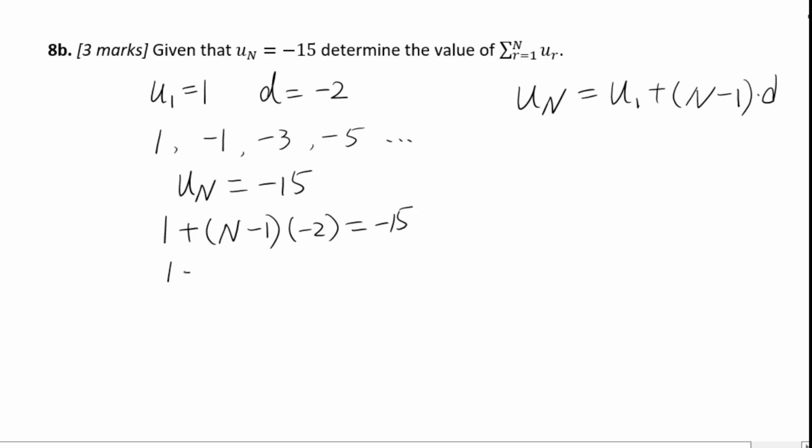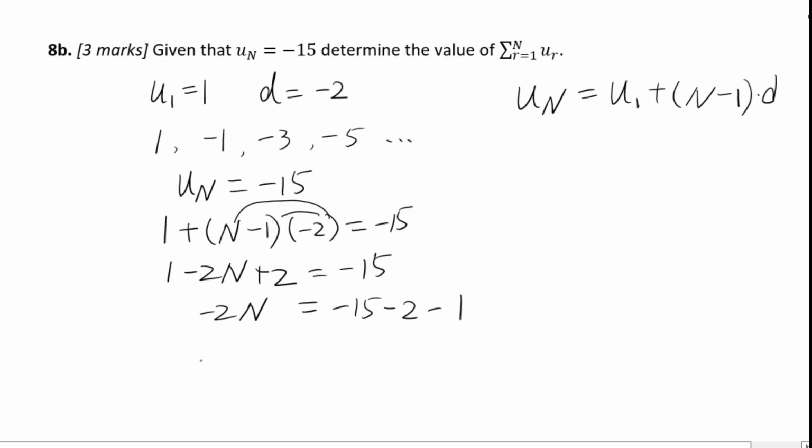1 minus 2n plus 2, because we do the distributive property here, equals negative 15. So negative 2n equals negative 15 minus 2 minus 1. Negative 2n equals negative 18. So n equals 9.